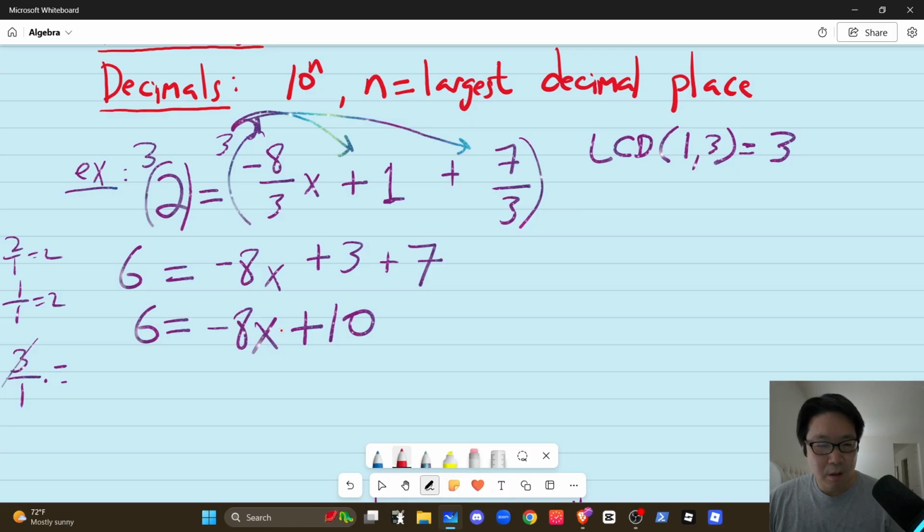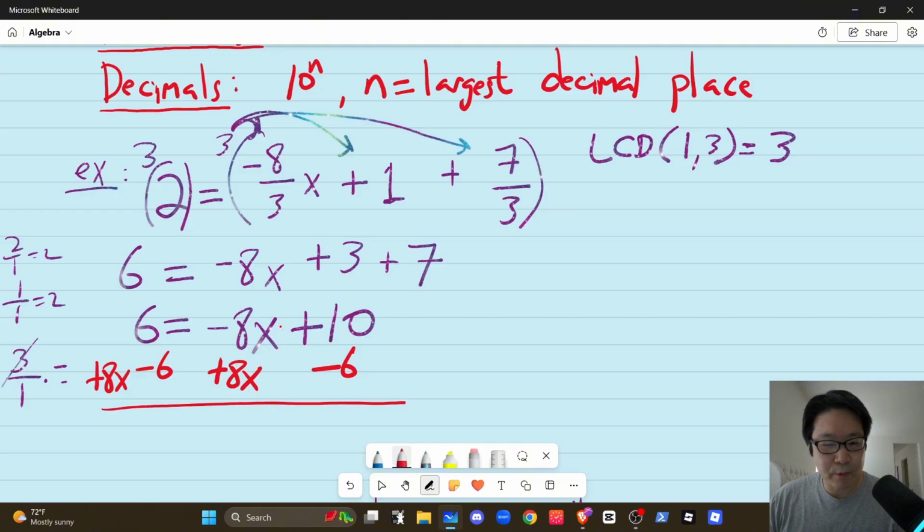We can actually simplify this by adding 8x to both sides and then subtracting 6 from both sides. When we do that, the 8's cancel, the 6's cancel, and we have 8x equals 10 minus 6, which is 4.